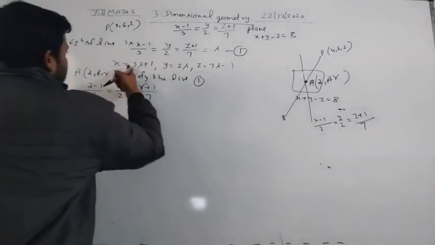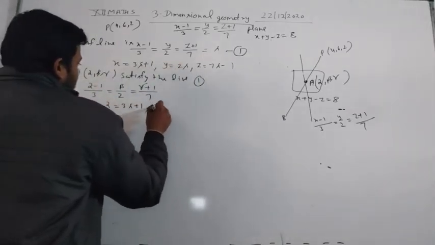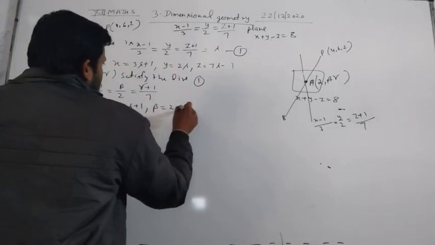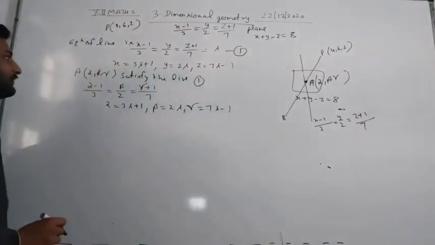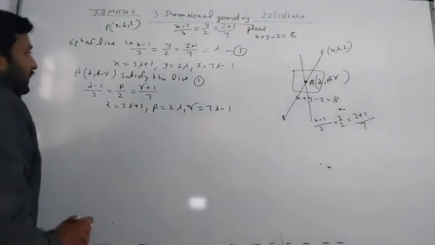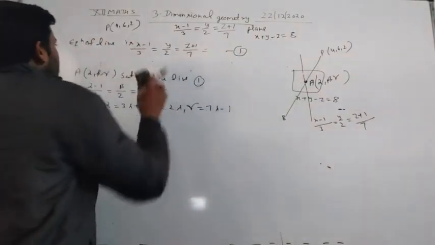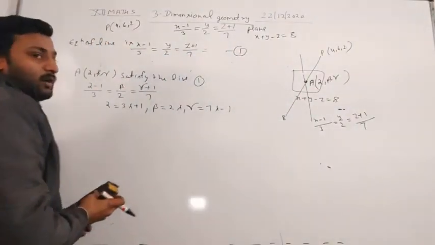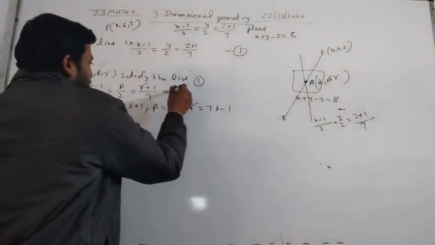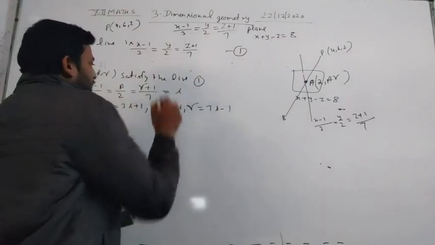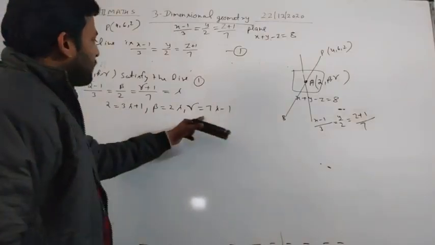So alpha will be 3 lambda plus 1, beta will be 2 lambda, and gamma will be 7 lambda minus 1. So this can be written in this form. So our coordinates of point A are alpha, beta, gamma, which is this.